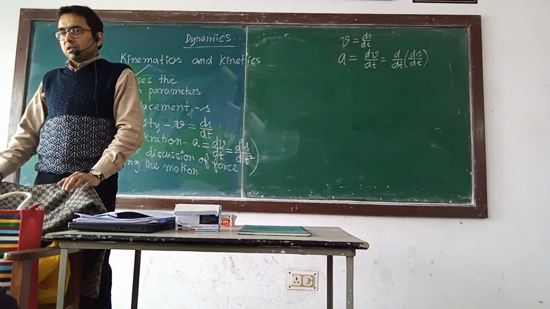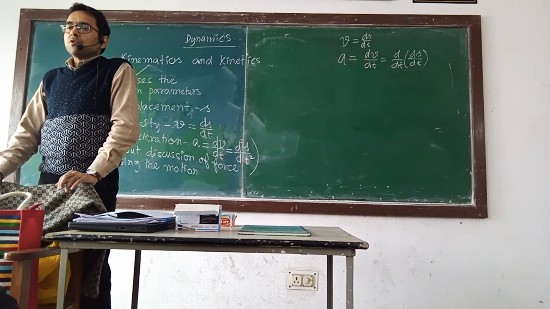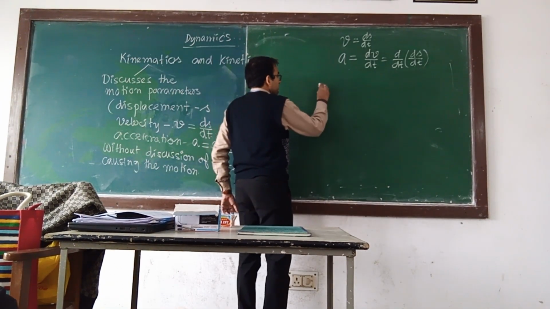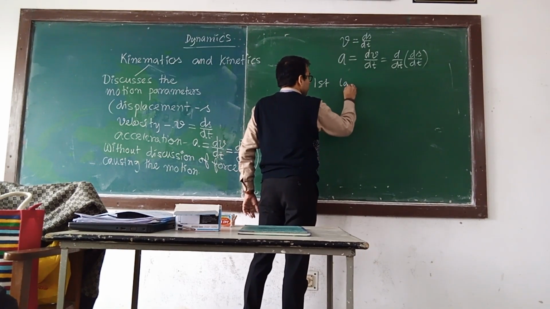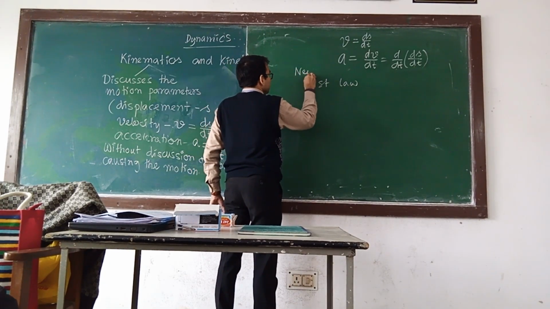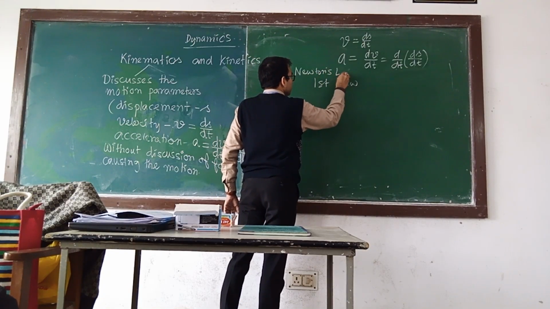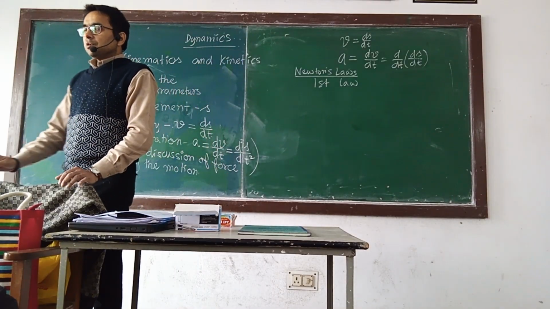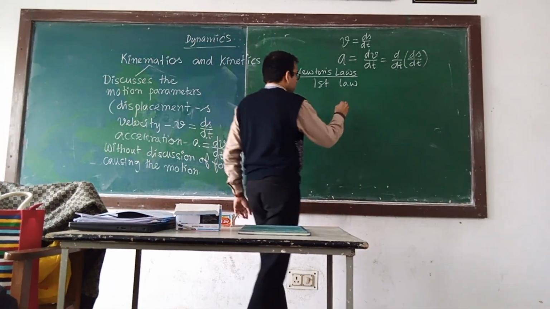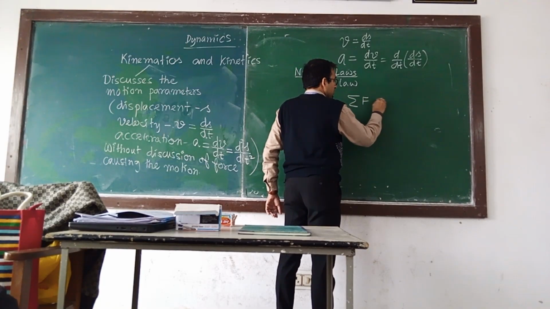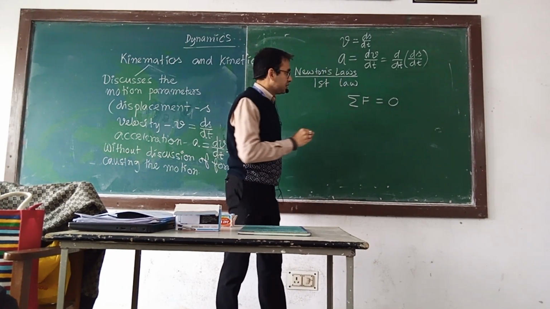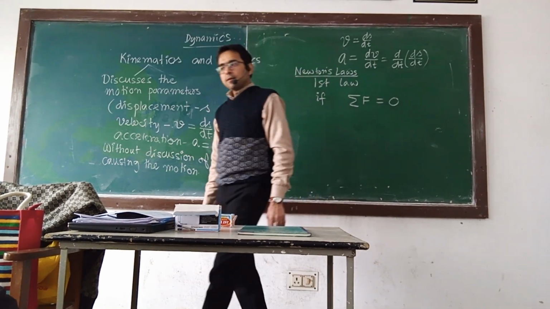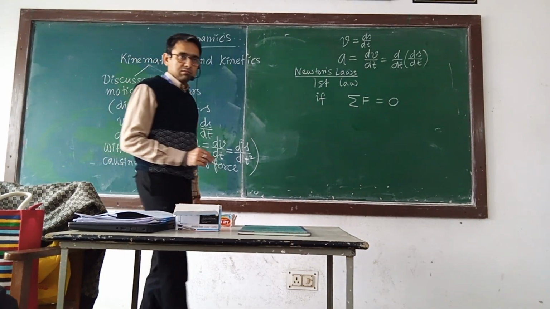And if one object is at rest, then it will continue to be at rest. Then velocity is 0. That means, if the sum of all external forces is 0, first one, Newton's first law, then the motion condition will be unaltered, right?